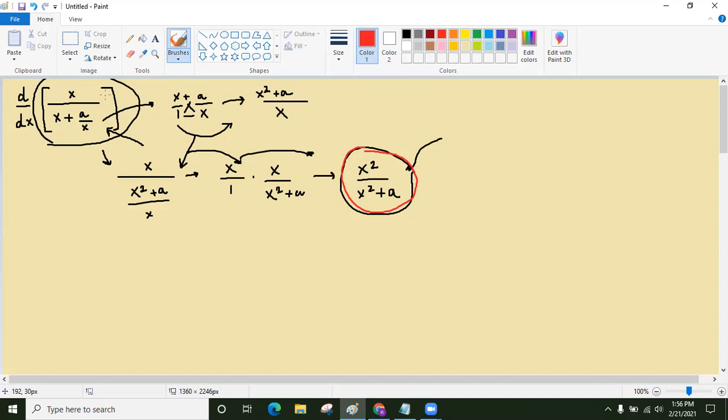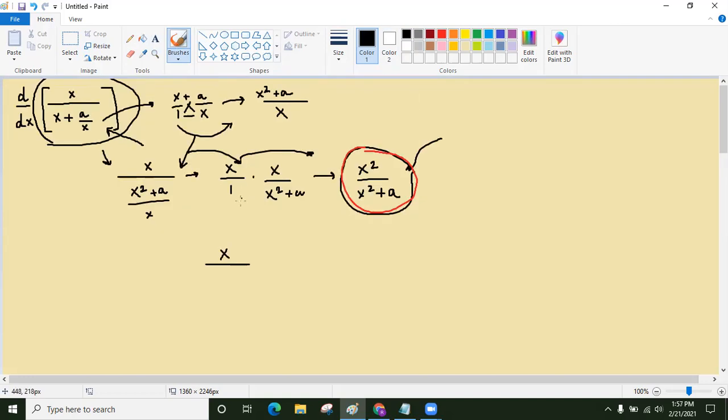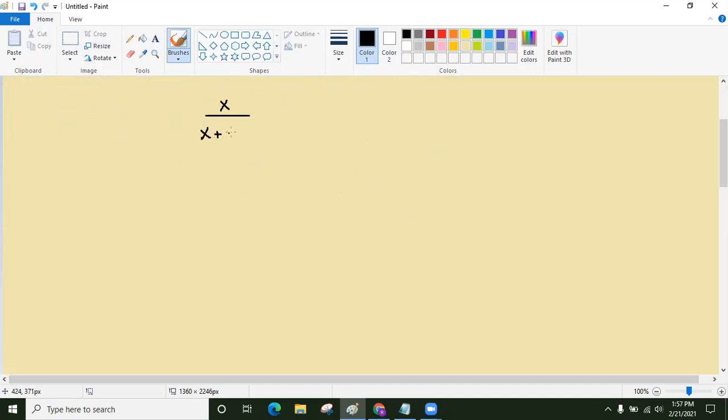If we take a step back, with our original problem, x over x plus a over x, we could multiply the numerator and the denominator by x, which is multiplying by an equivalent, because x over x is just 1. So it's not changing the value of the fraction. More so, it allows us to do some algebraic manipulation such that we can get rid of the form we find in the denominator.